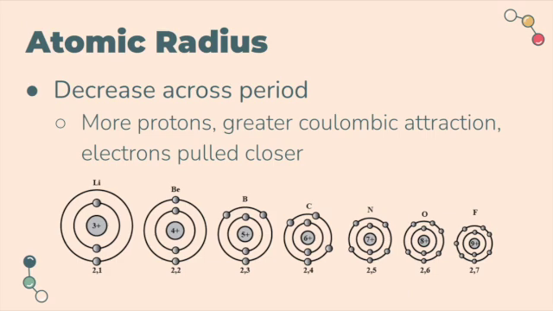So that's a greater pull from the nucleus on the electrons, which means that the electrons are going to be pulled closer. So you can maybe think of the nucleus as being a magnet. And as we move across a period, we're just making the magnet stronger. And the electrons are so small that it doesn't matter that we're also adding electrons. As long as we're not changing the number of orbitals, the electrons will be pulled in closer.